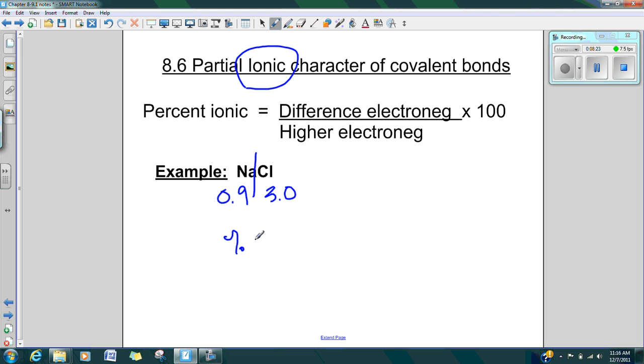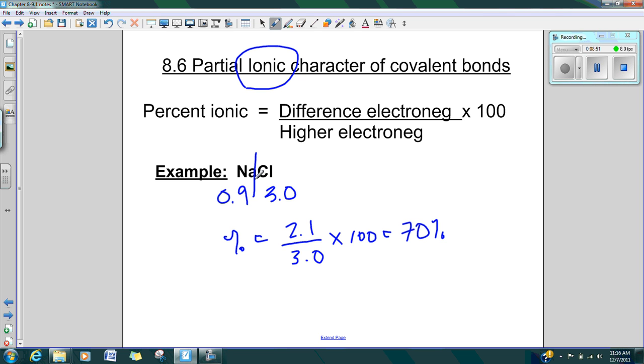So my percent is going to be 2.1 over the one that has a higher electronegativity, so that would be my chlorine, and put that into a percent, and that's going to give me 70%. So what this means, you guys, is that 70% of the time, the electron is going to be closer to the chlorine than it is to the sodium. Again, it wants to gain that electron, so that should make sense that that value is higher.